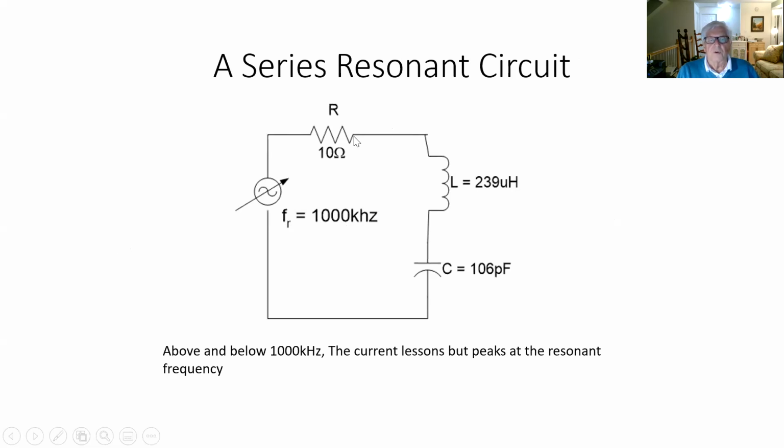We start out with a resistance of 10 ohms, an inductor of 239 microhenries, and a capacitor of 106 picofarads. We're only interested in L and C. If you put them into the equation, you get the natural frequency.